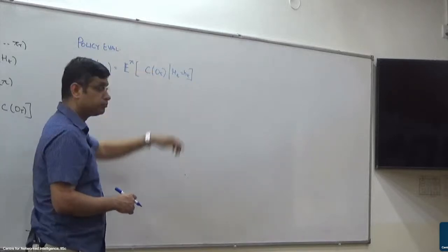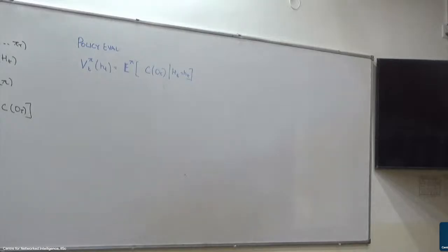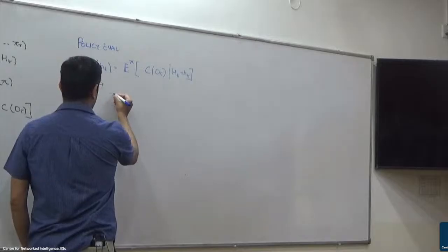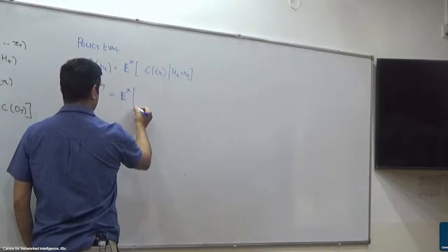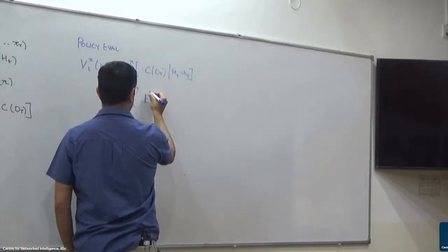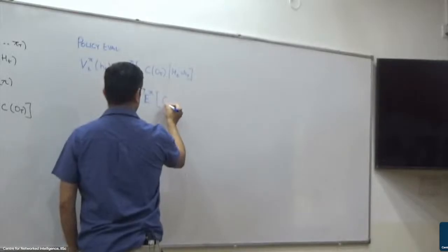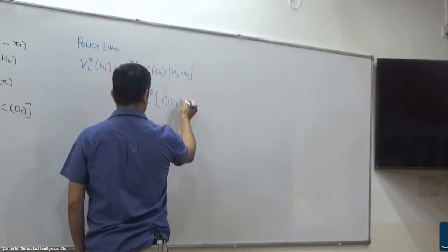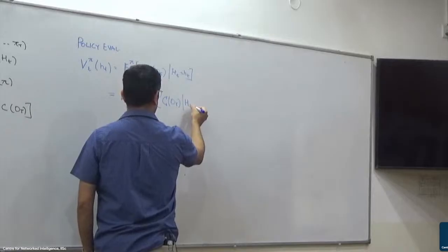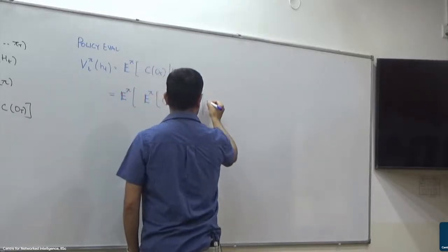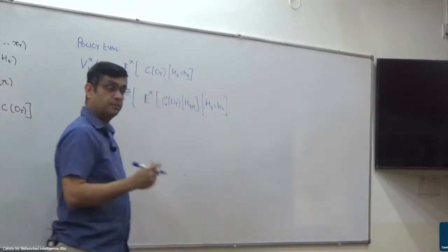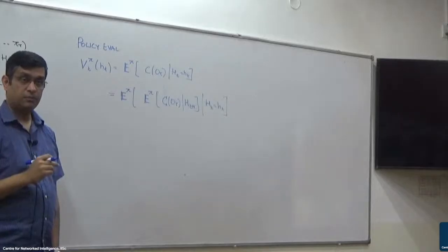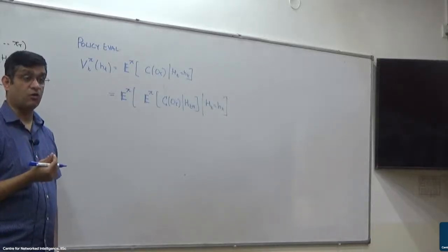Okay. Now, the reason why perfect recall is important is that I can do the following. I can write this as expectation under pi of the expectation under pi of the cost of the outcome conditioned on the random variable h_{t+1}, conditioned on ht equals little ht. Okay. This is the smoothing property of conditional expectation.